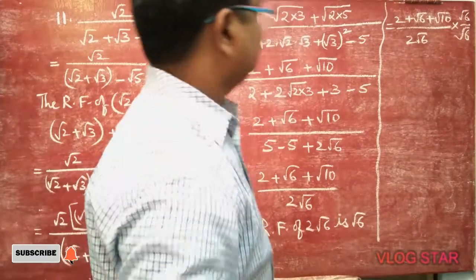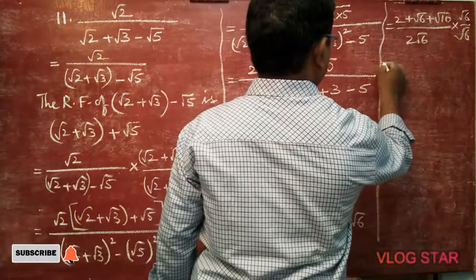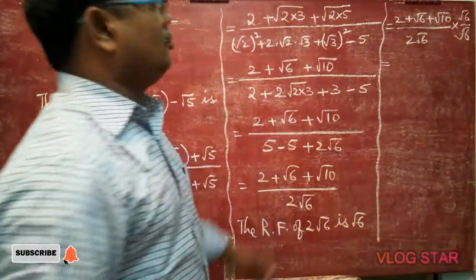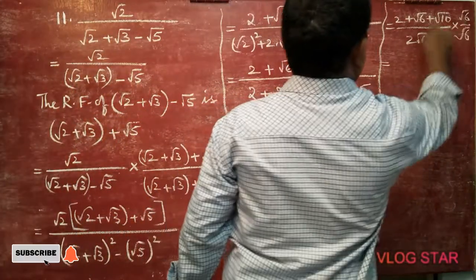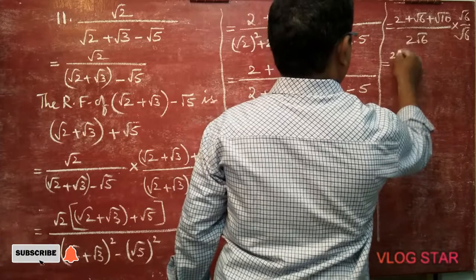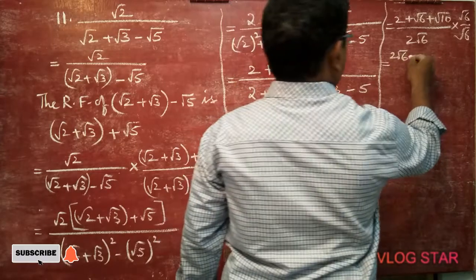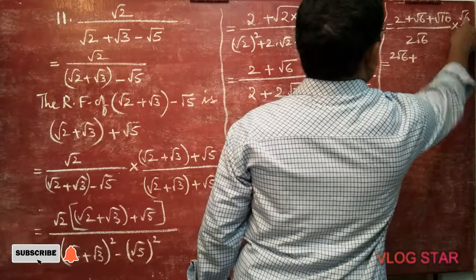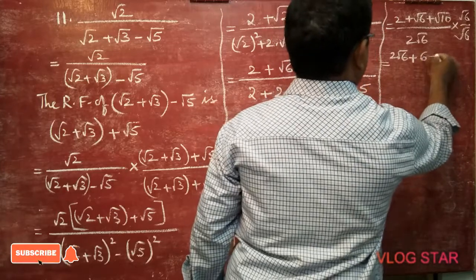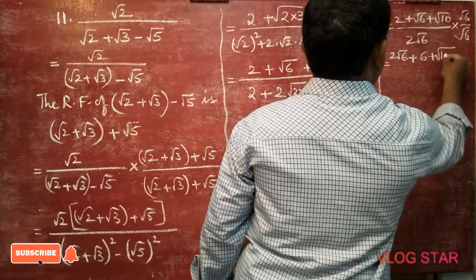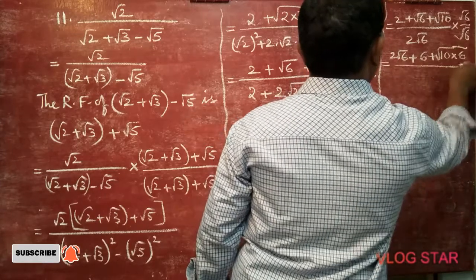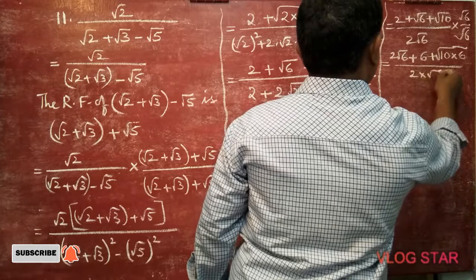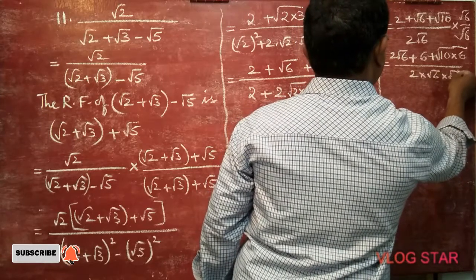Now that is equal to, slowly you multiply, no hurry. With root 6 you are going to multiply: 2 root 6, plus root 6 into root 6, 6, plus root 10 into 6, because same order, 10 into 6, by 2 into root 6 into root 6.